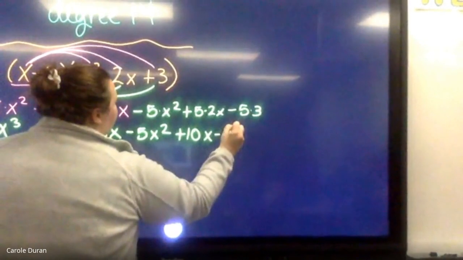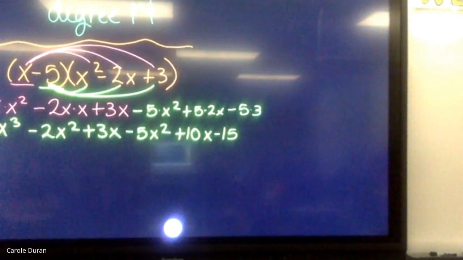And negative 5 and 3 becomes negative 15. I just multiplied each term out.